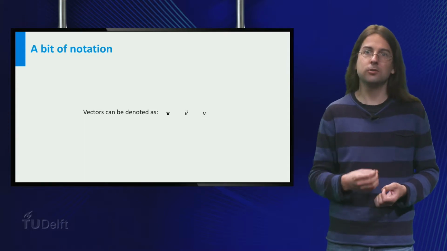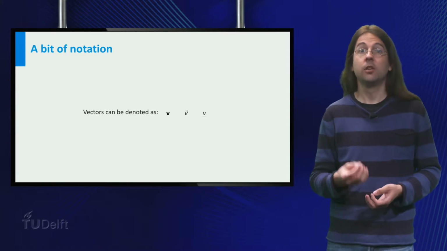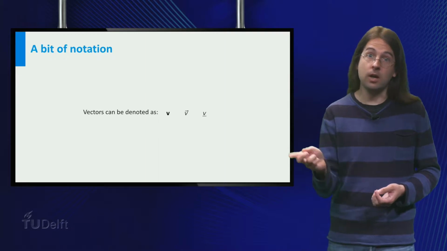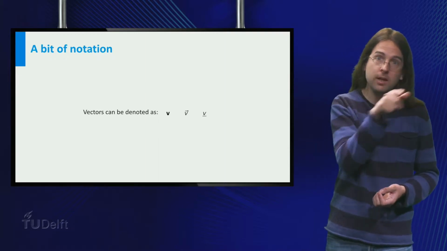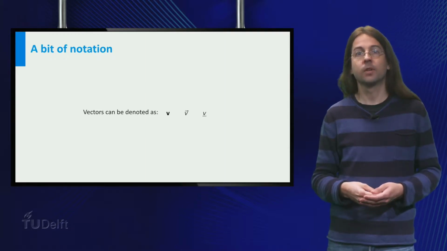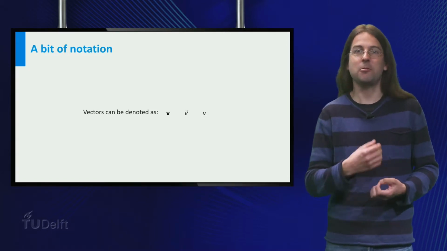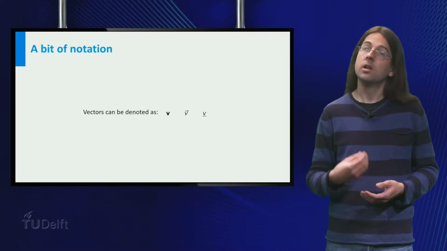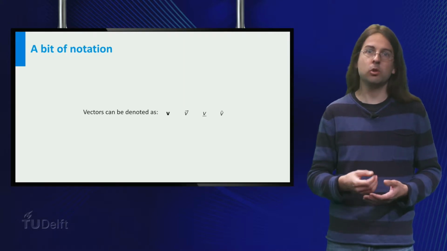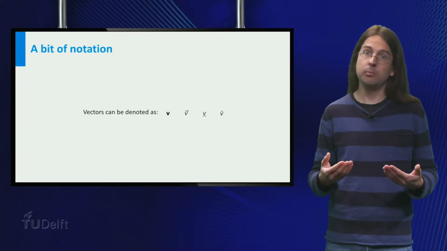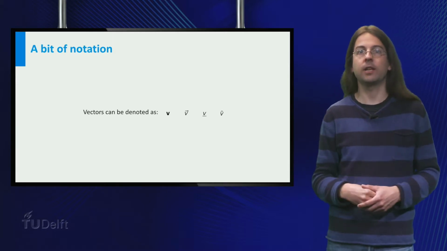But this is really hard to do when writing yourself. So alternative options are to underline vectors or to put a little arrow above a vector. The last one is my personal favorite, as a vector is an arrow after all. For special kinds of vectors, even more notations are used. For example, by placing a caret on top of the letter.